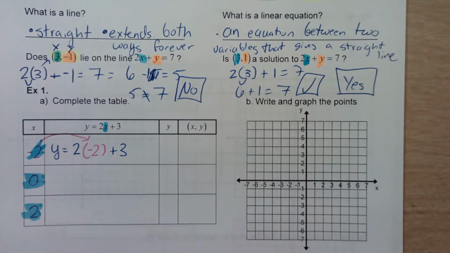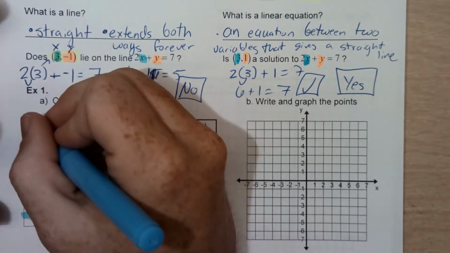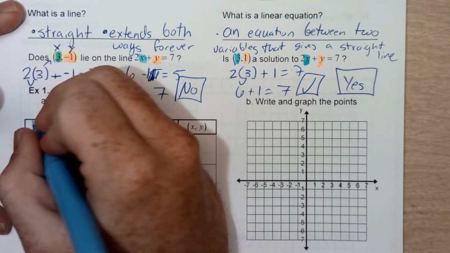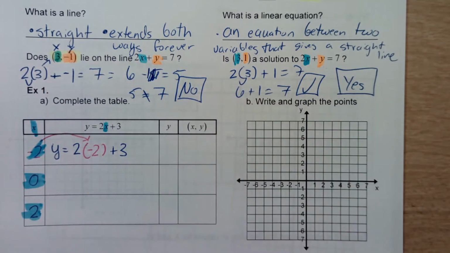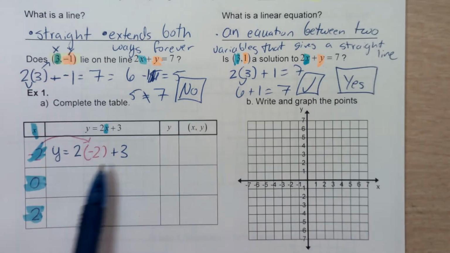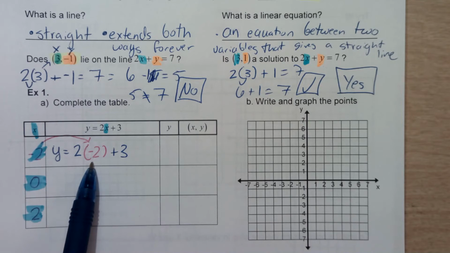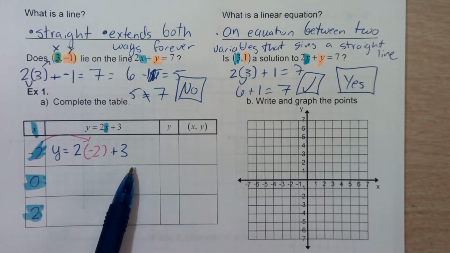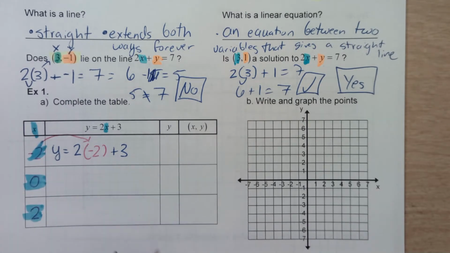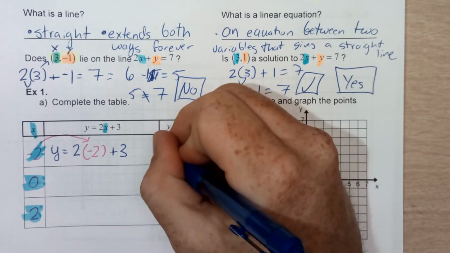Did everyone see it? We took our x values and inputted them into our y equals mx plus b equation, and then we'll figure out what y equals. So for this one, we would do 2 times negative 2, which is negative 4. Negative 4 plus 3 would be negative 1. So my y then would be negative 1.